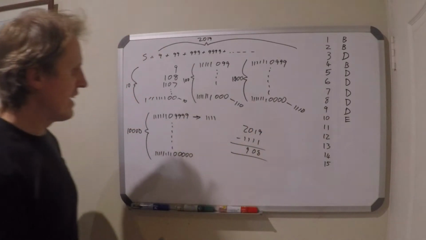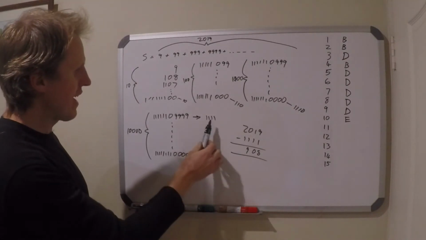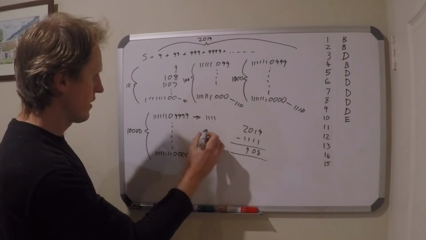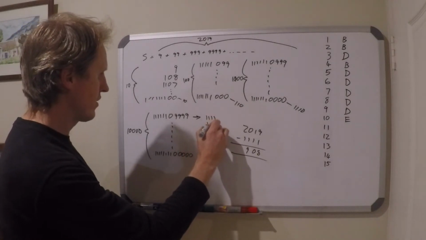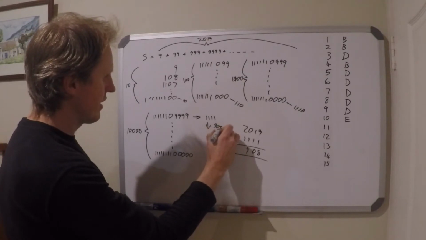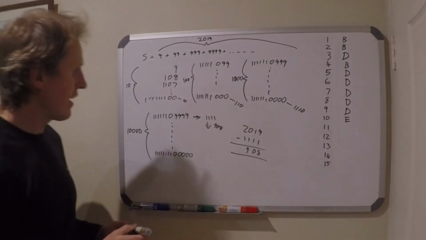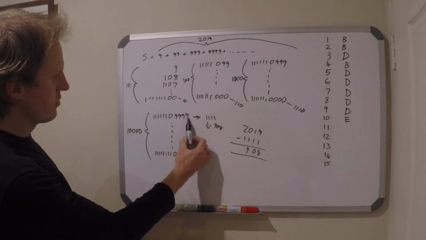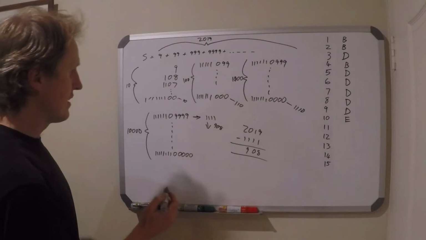So we need another 908 elements down. We want to go down 908 times. So let's see where we end up. Every time we drop down, we are going to subtract 1 from this.